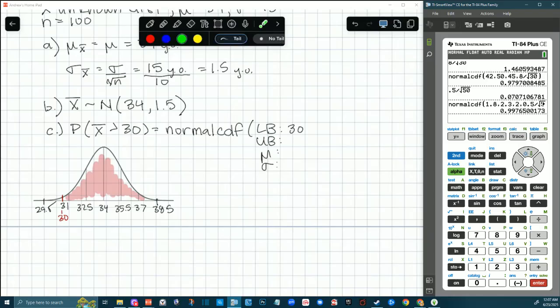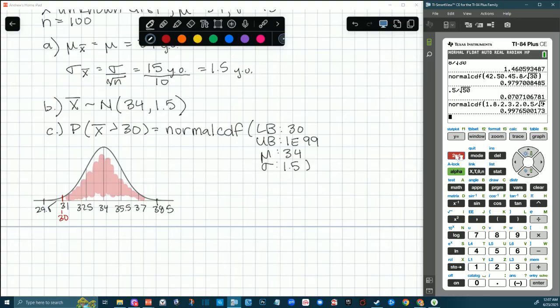And my upper bound, this curve goes to infinity. And I know on my calculator, infinity is 1e99. Mean is 34. Standard deviation is 1.5. You could do 15 divided by the square root of 100, but because the square root of 100 is an exact value, this 1.5 is an exact value.